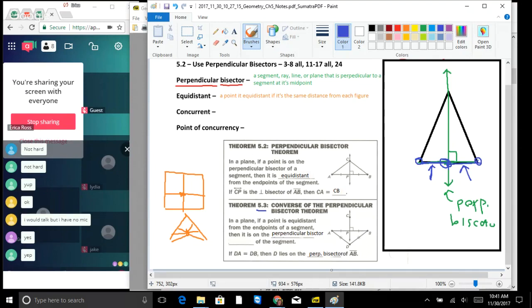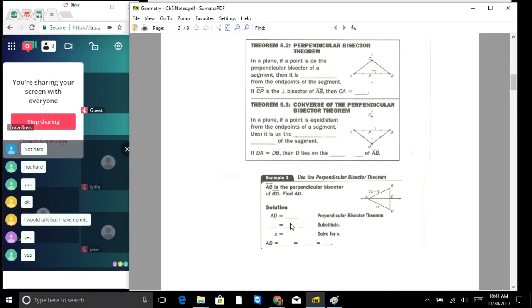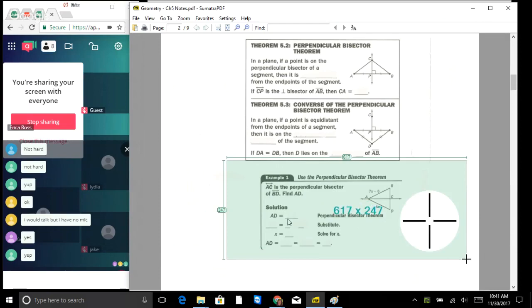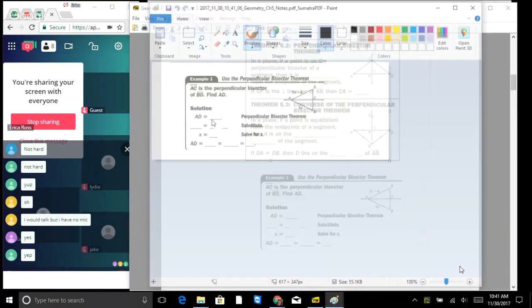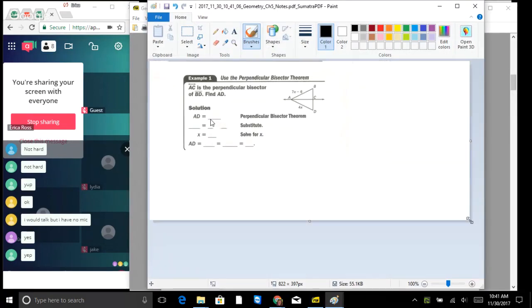Okay, so let's actually try an example, okay? Okay, so we got a triangle. Okay, so line AC, let's make it big again.